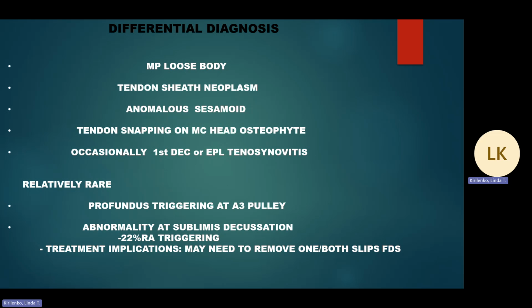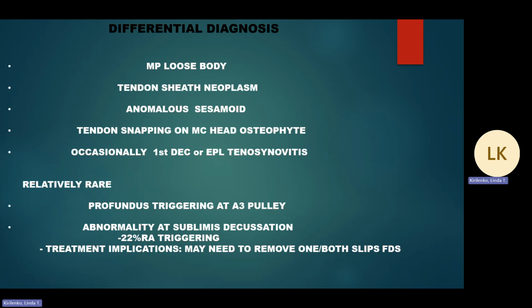Differential diagnosis includes foreign body in the MP joint, tendon sheath neoplasms, anomalous sesamoid tendons, snapping of a tendon on an osteophyte associated with degenerative change at the metacarpophalangeal joint, and occasionally it can be mistaken for de Quervain's or EPL tenosynovitis.